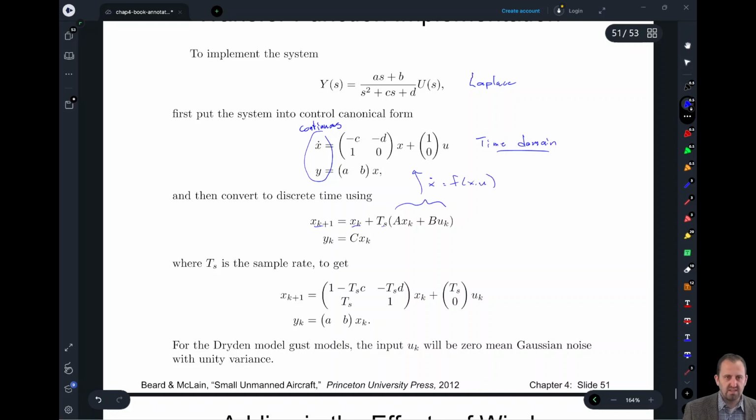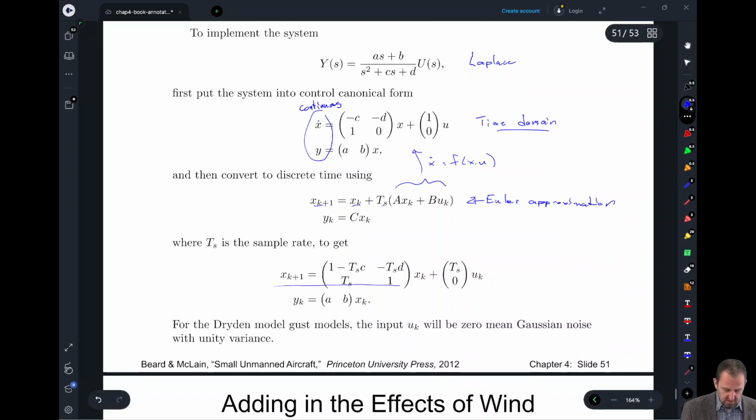And we've talked in a different lecture about this Euler approximation to our dynamic update. So we can get this two-dimensional state space update, and then we use y sub k as our output for the system.